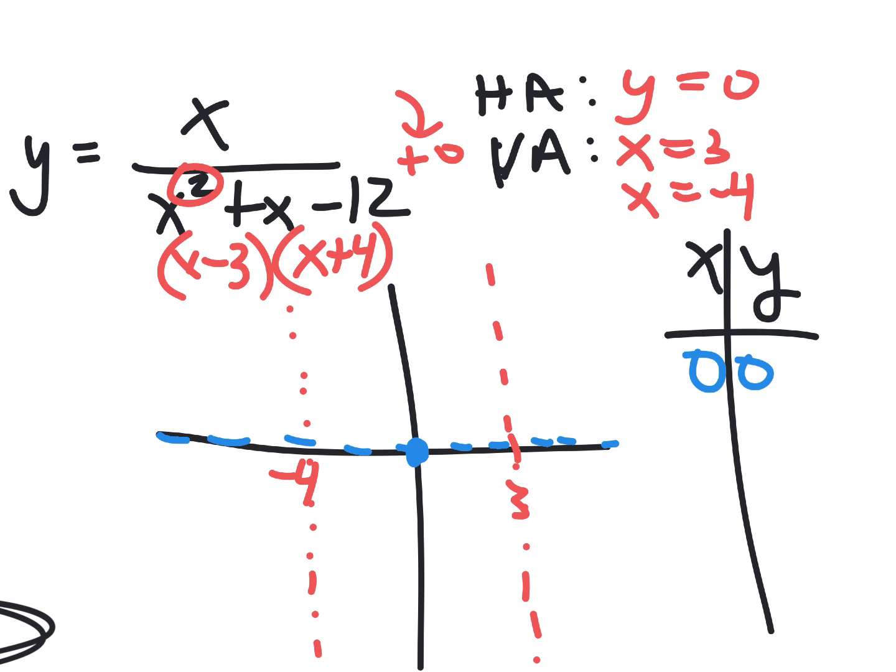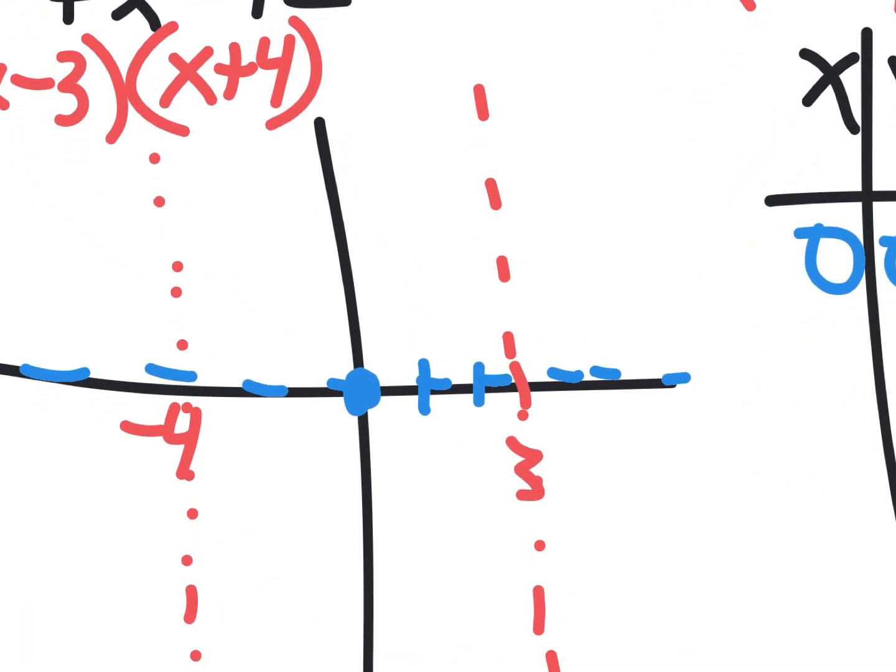But if I'm going to figure out where this thing goes, most of you are going to be putting in things like 1 and 2, and that's okay. But here's the thing that's dangerous. I want you to imagine a world where this goes down and then back up again. Is that humanly possible? Could it go like that?